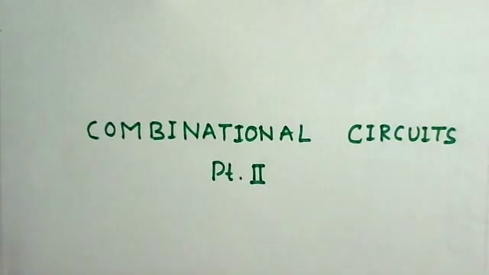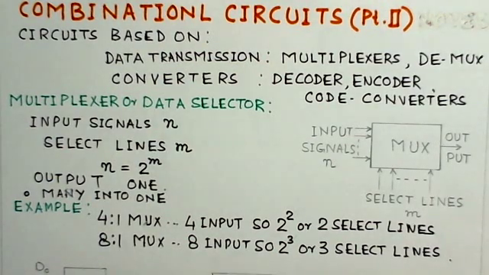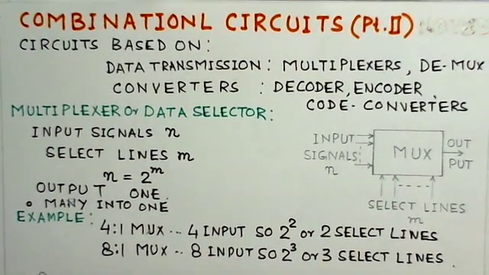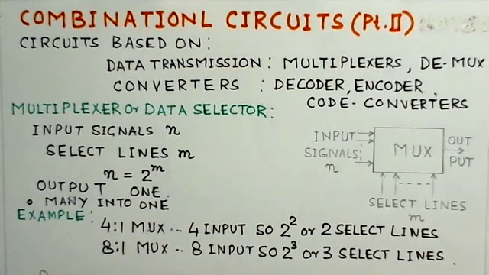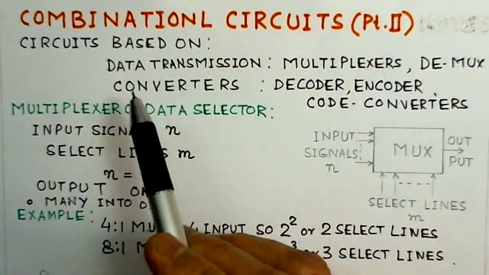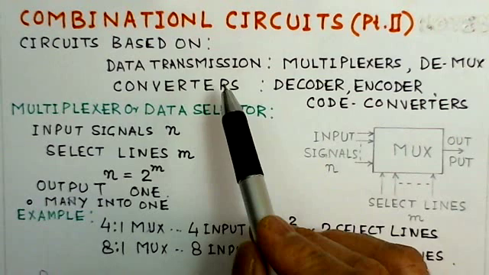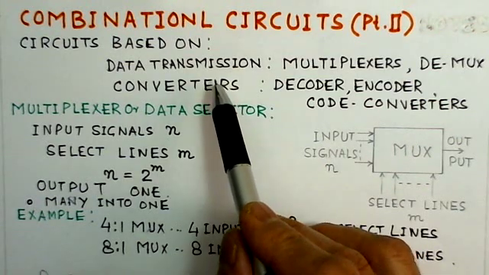So now we start the presentation, the video. The heading is Combinational Circuits, part 2. As we said, these circuits are based on two categories of circuits.